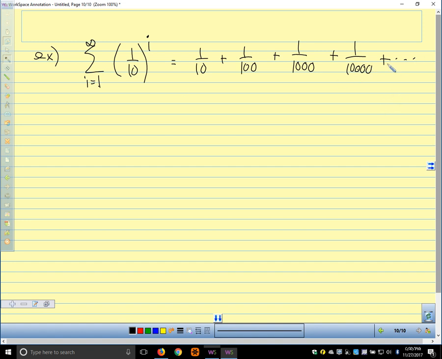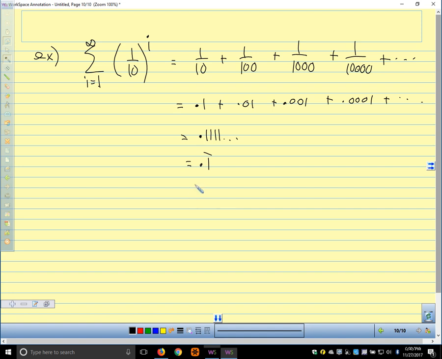Well, let's write these as decimals. 0.1 plus 0.01 plus 0.001 plus 0.0001 plus dot dot dot. Well, this is 0.1111 dot dot dot, which is 0.1 repeating.